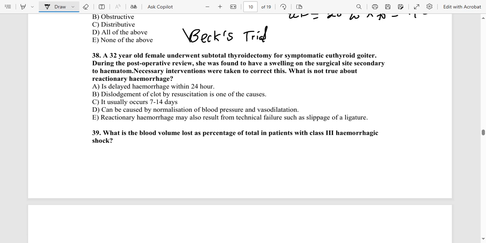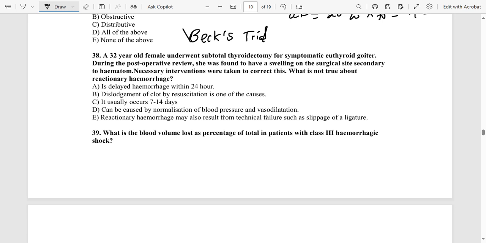And then it's saying can be caused by normalization of blood pressure and vasodilatation. That's also true. Remember, the initial thing that happens when there is injury, there's going to be constriction of the vessels, and that is in an attempt to stop the bleeding.